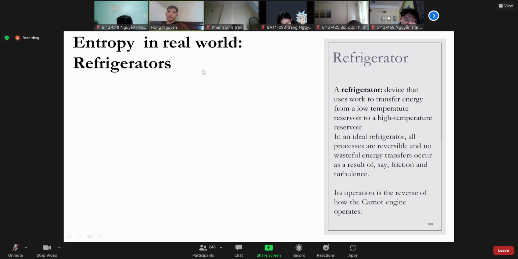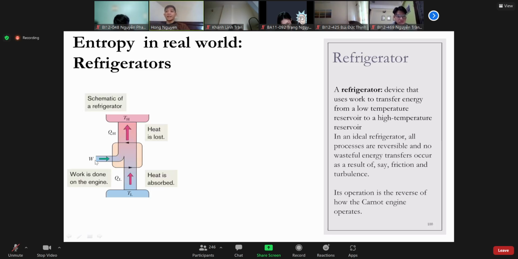It means that this time we will provide the work for our system to transfer the heat from the cold reservoir to the hot reservoir, because what we need is to use the space of the cold reservoir, right?